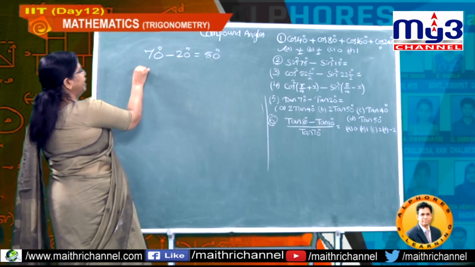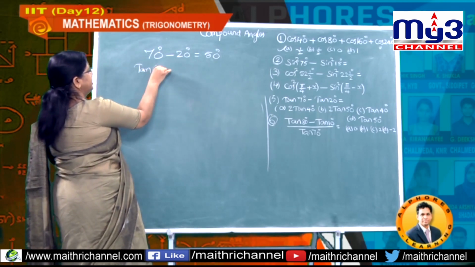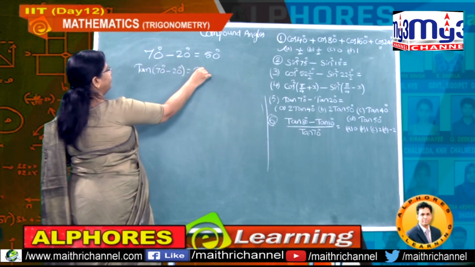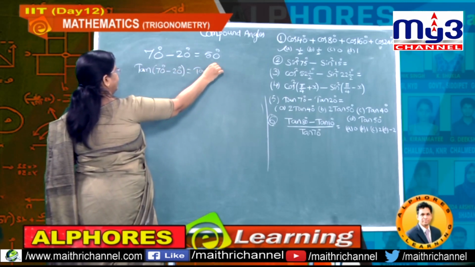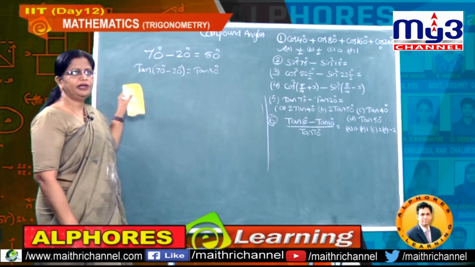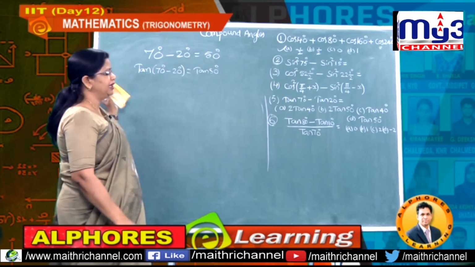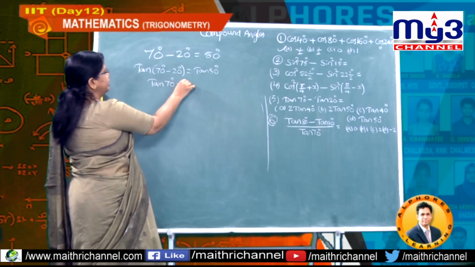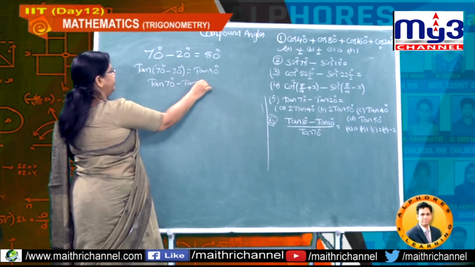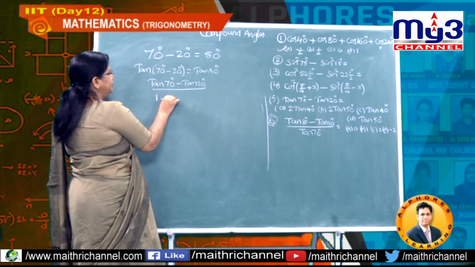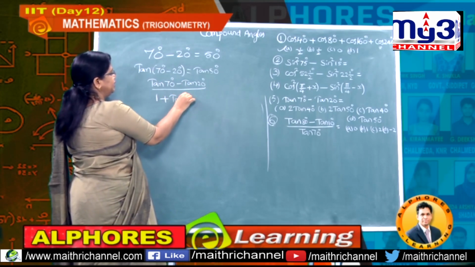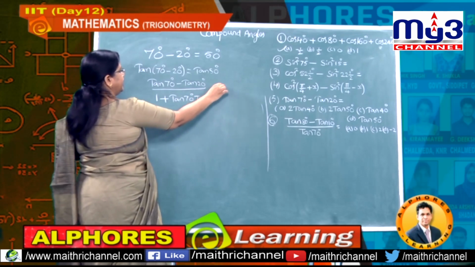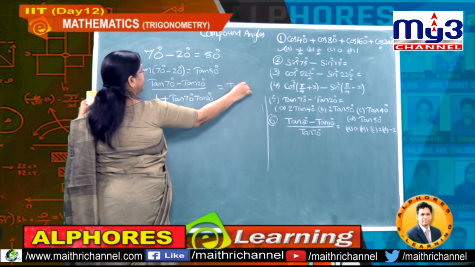So tan of 70 degrees minus 20 degrees equals tan 50 degrees, right. Now this is the tan A minus B formula. So tan A minus B is tan 70 degrees minus tan 20 degrees whole divided by 1 plus tan 70 degrees into tan 20 degrees, right. And this side you have tan of 50 degrees.